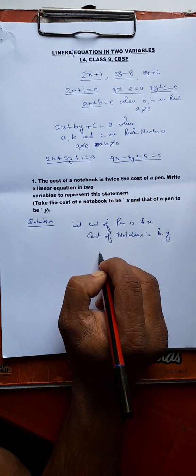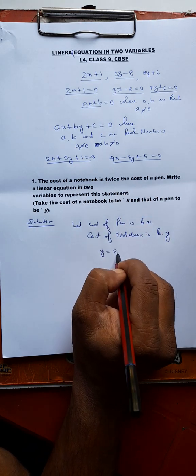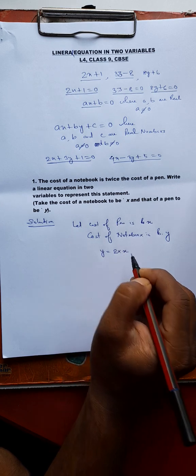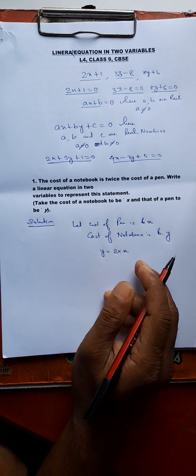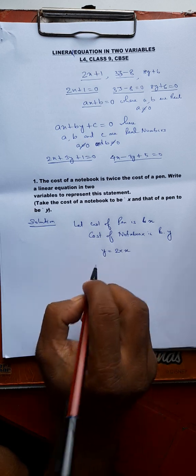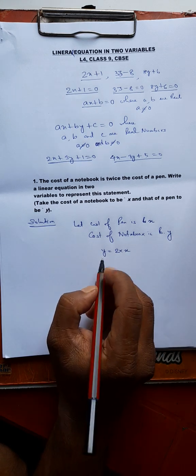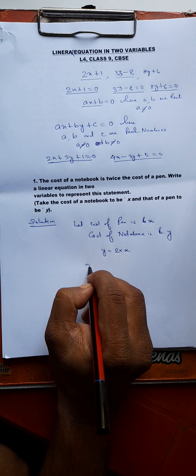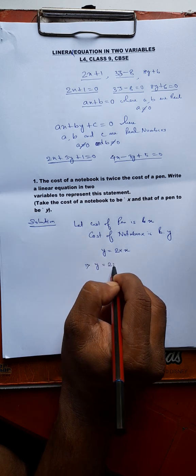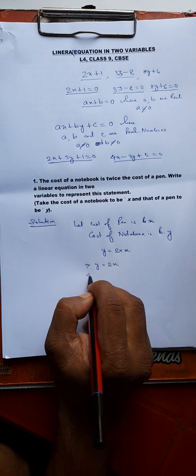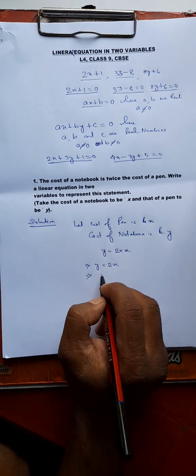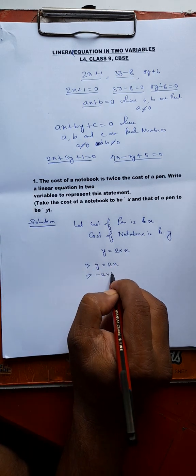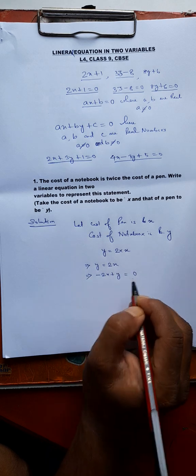Now cost of notebook is twice the cost of pen. That means y equal to 2 times of x. Means notebook is 2 times costlier than the pen. So you can convert this into a linear equation in two variables. We transpose this term to the left hand side, minus twice x plus y equal to 0.